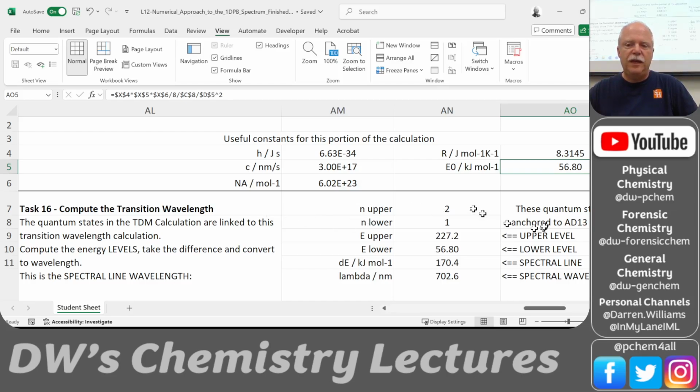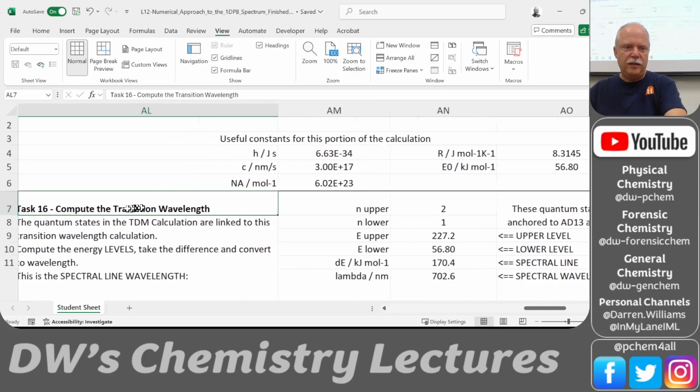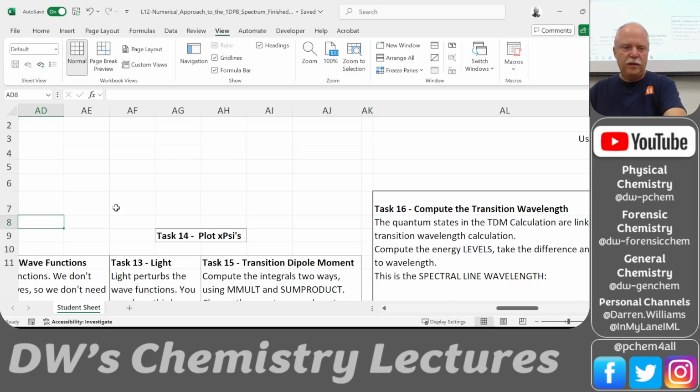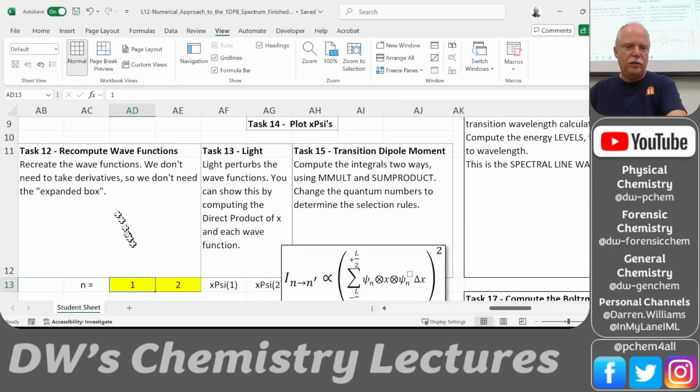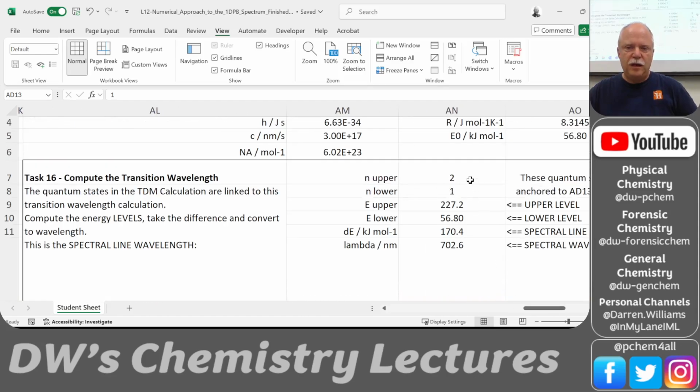These quantum states are anchored to AD13 and AE13, so that's these over here, AE and AD, the ones we were just playing with. So we're doing the fundamental transition from 1 to 2. The upper state is 2, the lower state is 1. Here's the energy of the upper state, the energy of the lower state, and then this is the spectral line.